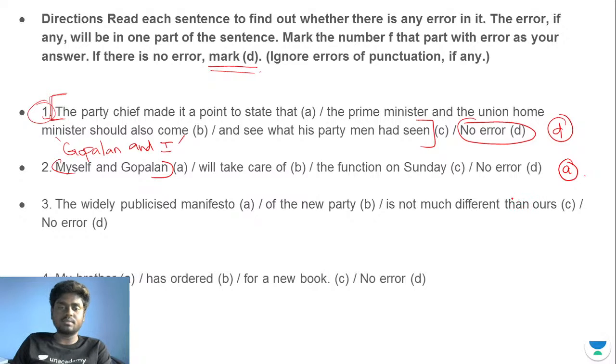So this is your actual sentence, and you need to figure out which part exactly has the error in the third statement. Come on, guys.